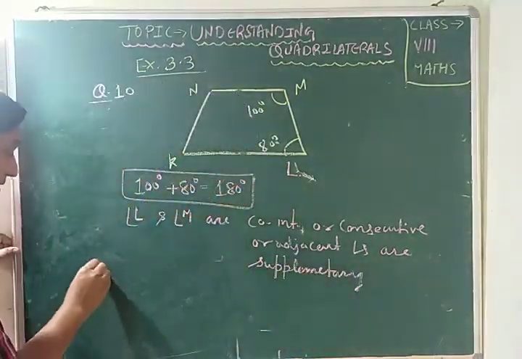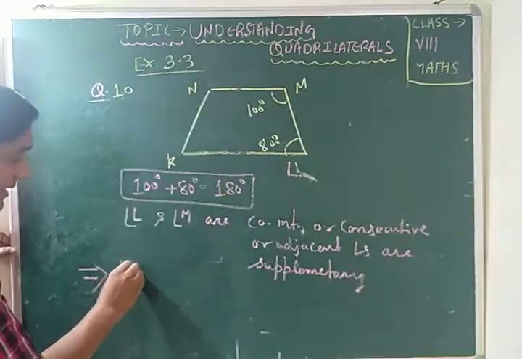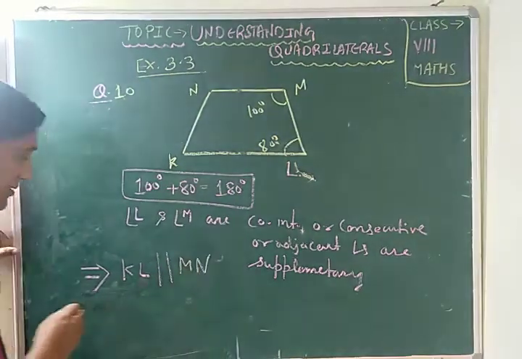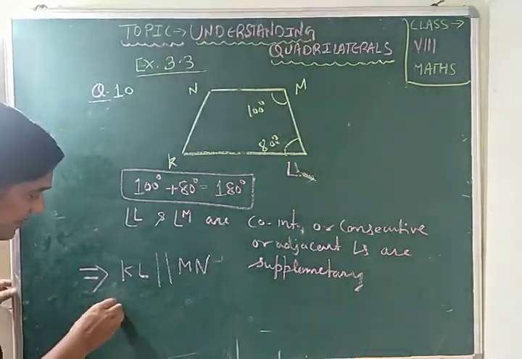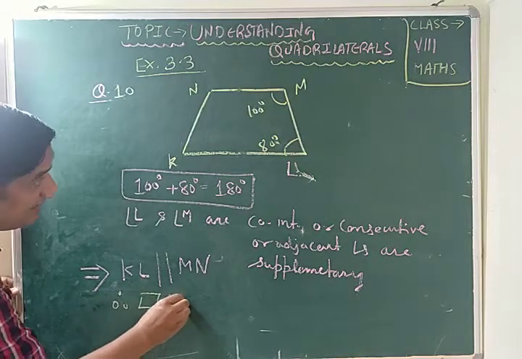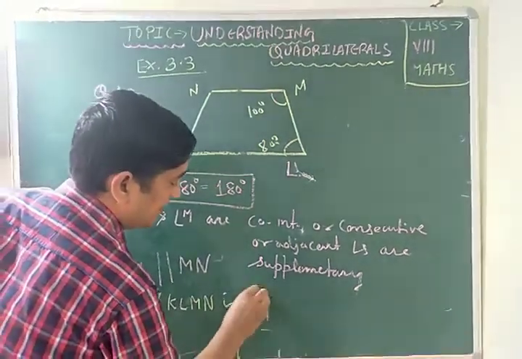It implies that the lines KL and MN are parallel. Therefore, the figure, the quadrilateral KLMN, is a trapezium.